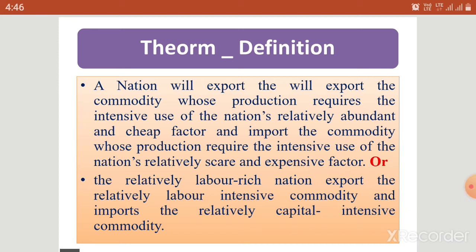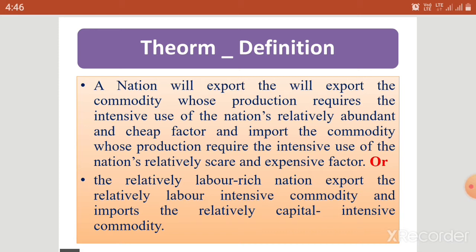If in your country the availability of labor is very much, so that labor is available very cheaply, you should use the labor in the process of production, produce the labor intensive good and export it to the other country.